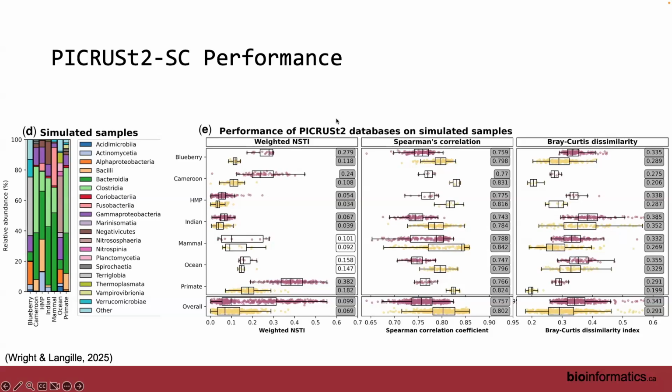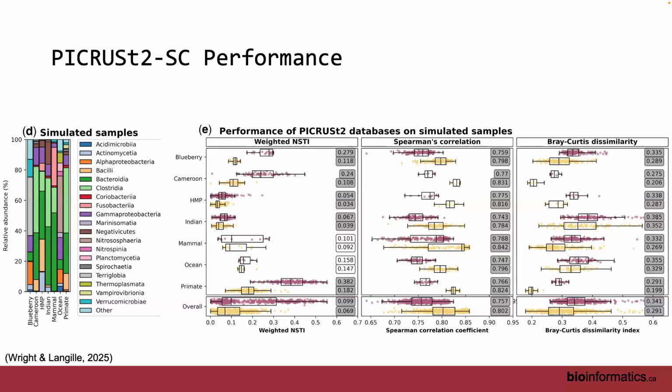NSTI stands for the nearest sequence taxon index. The best way to think about this is essentially that it's a measure for your particular sample of how well it's represented in the reference genome database, right? So you can imagine if you have a sample, say human gut, we have lots of good reference genomes. And so the phylogenetic distance to that reference genome would be small.